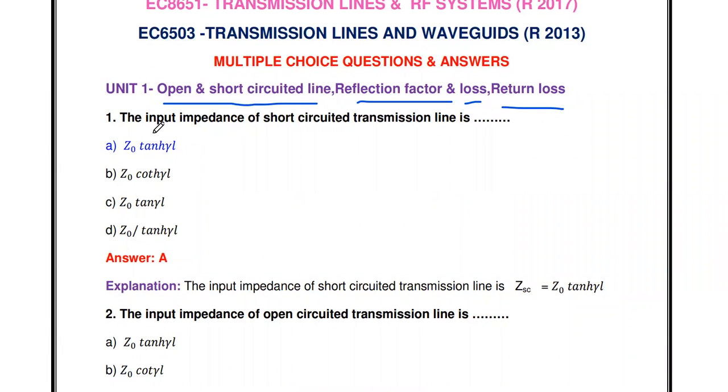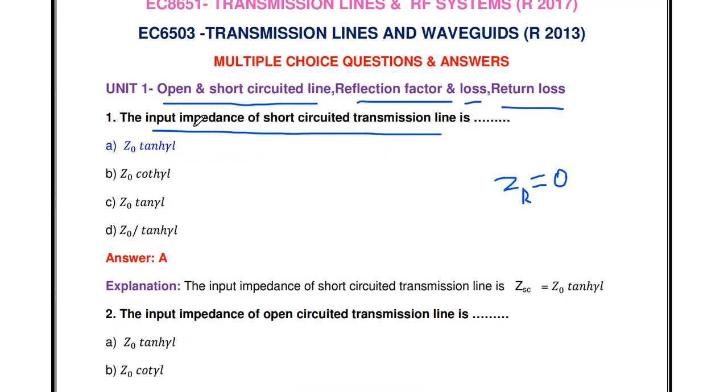The first question: the input impedance of a short circuited transmission line is dash. The input impedance formula we discussed in the previous video. Short circuited transmission line means the receiving end is short circuited, so ZR, the load impedance, is 0.